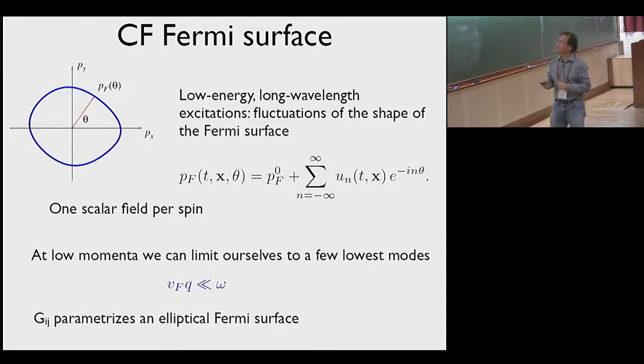And one can argue that at very low momenta, in the regime when v_F q is much less than omega, one can limit ourselves to just a few lowest modes. And this g_ij parameterizes the elliptical deformation of the Fermi surface.